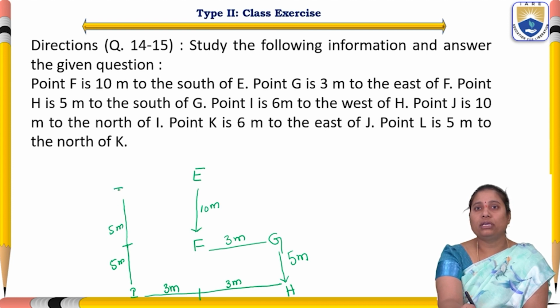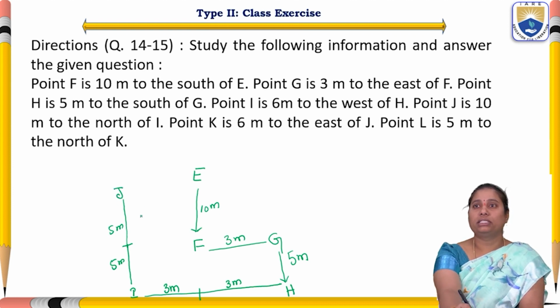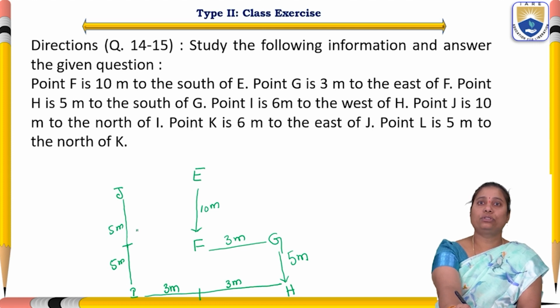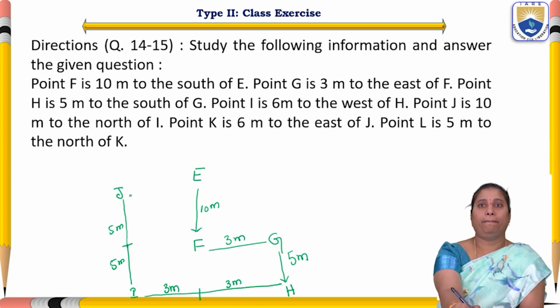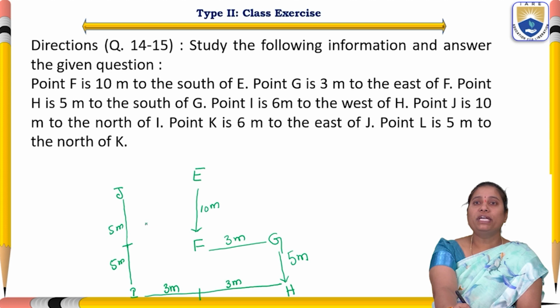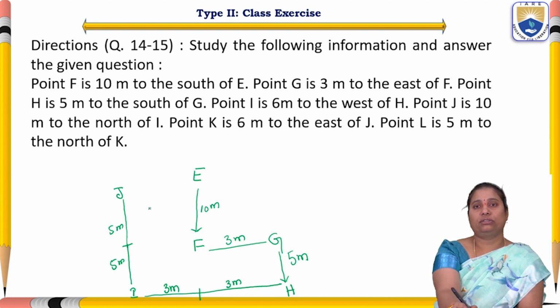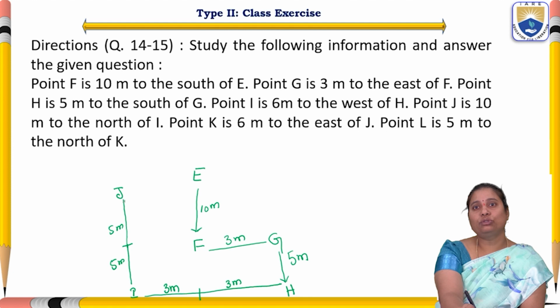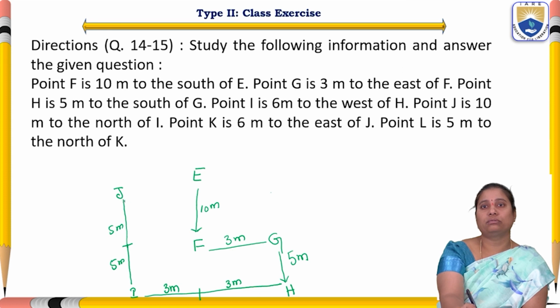So J is at 10 meters to the north of I. And point K is 6 meters to the east of J. So J is here, at 6 meters. Up to this one it is 3 meters, up to this one it is 6 meters.